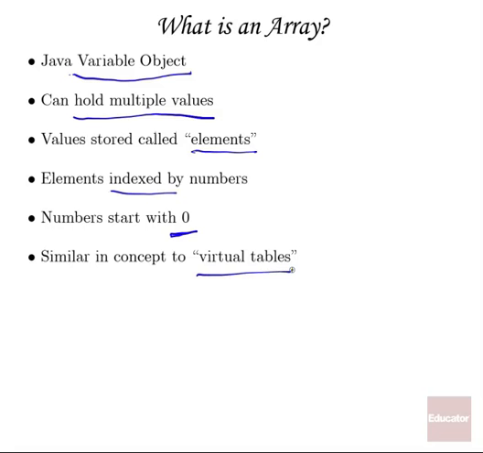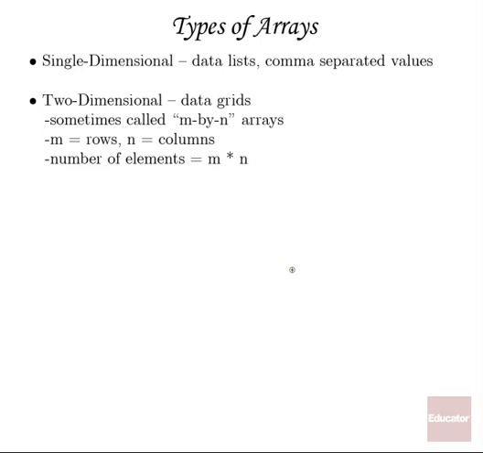As we're going to see, there are two main types of arrays: single-dimensional, which we'll call 1D arrays, and two-dimensional. Think of single-dimensional arrays as a data list. Sometimes data will be stored in a comma-separated values file.